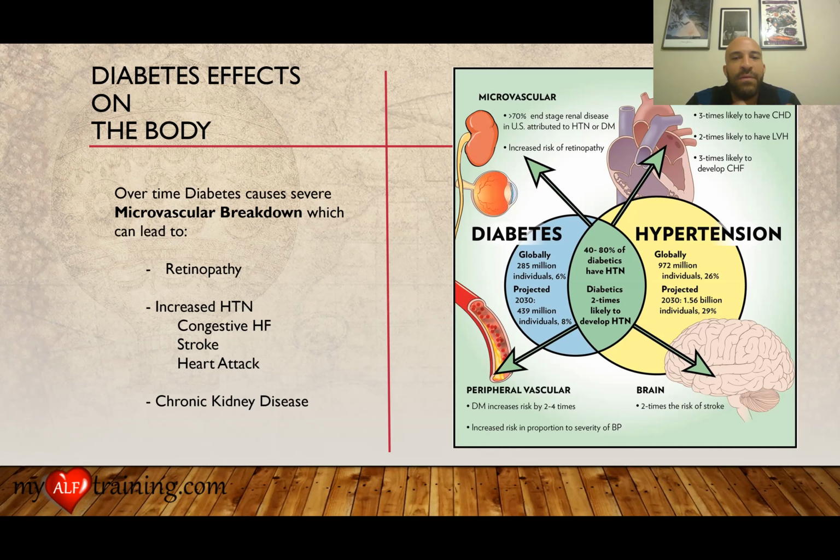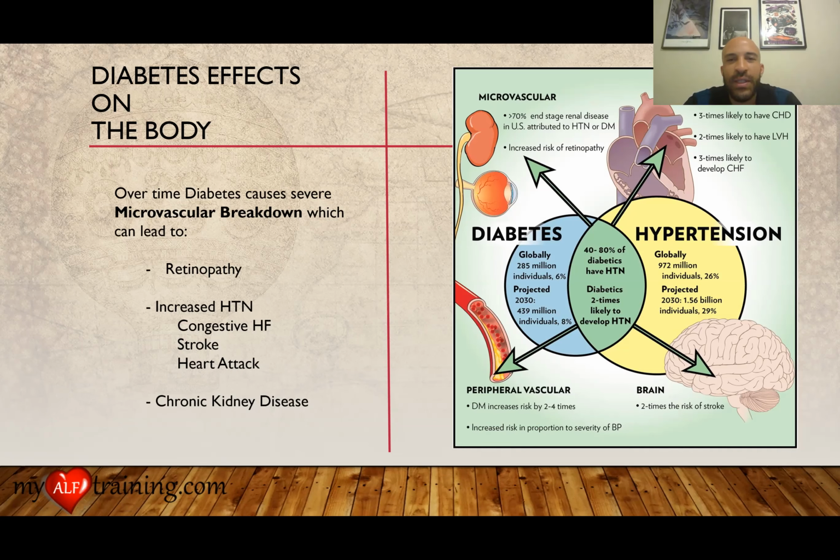They have trouble seeing, wear glasses, maybe have eye pain, things like that. Also, microvascular breakdown can cause increased hypertension or blood pressure. It can lead to even more severe diseases such as a stroke or a heart attack or chronic kidney disease where the patient needs dialysis.